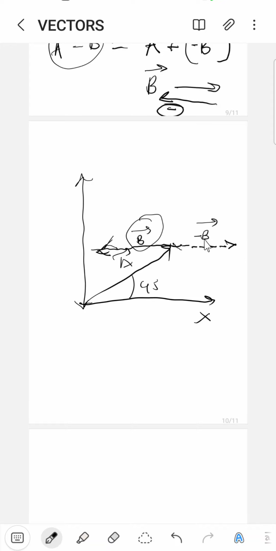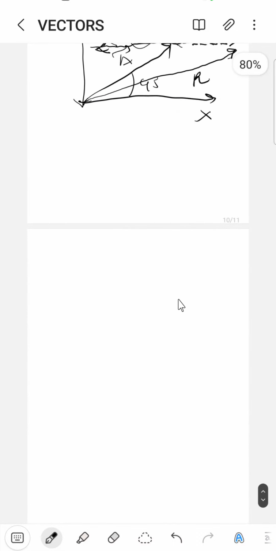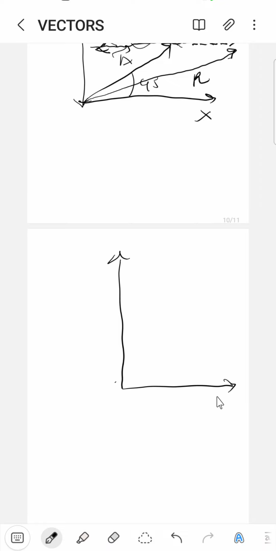All right. So if we're adding negative B to A, this is how we arrange negative B to A, head to tail. And its resultant will be from the tail of the first vector to the head of the last vector. So the resultant for this one will be this side. We can arrange it in a more clear version, where this is X, this is Y. This was your A, at 45 degrees, right?